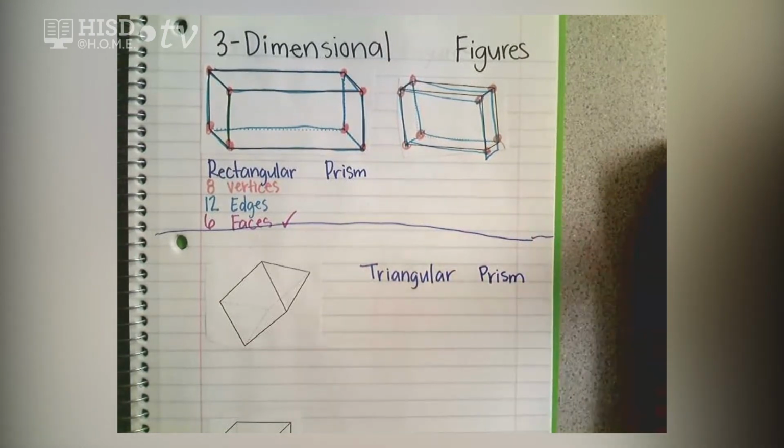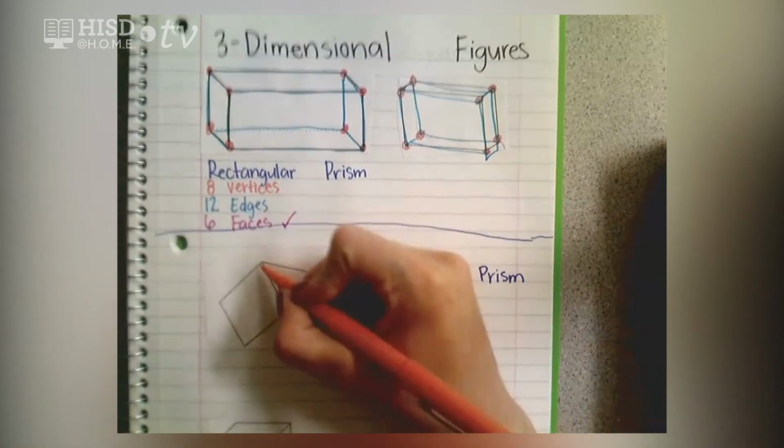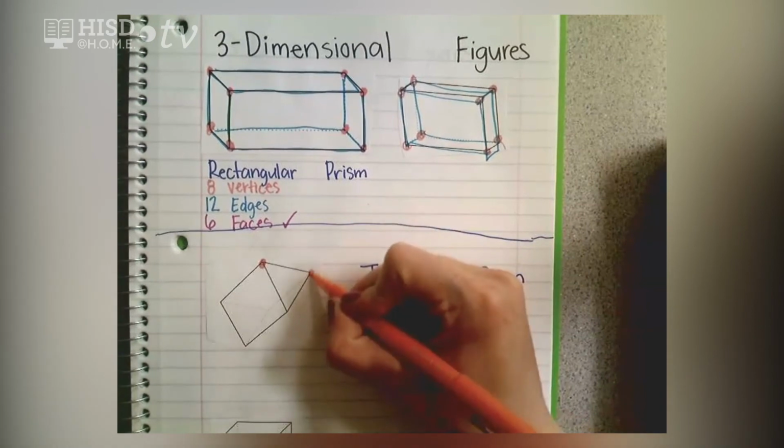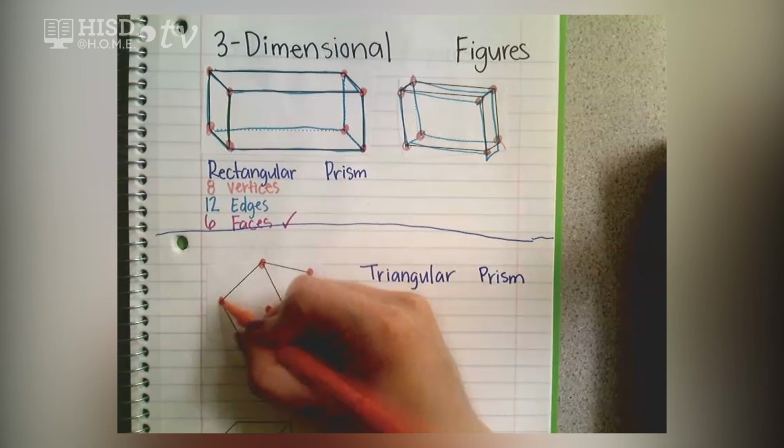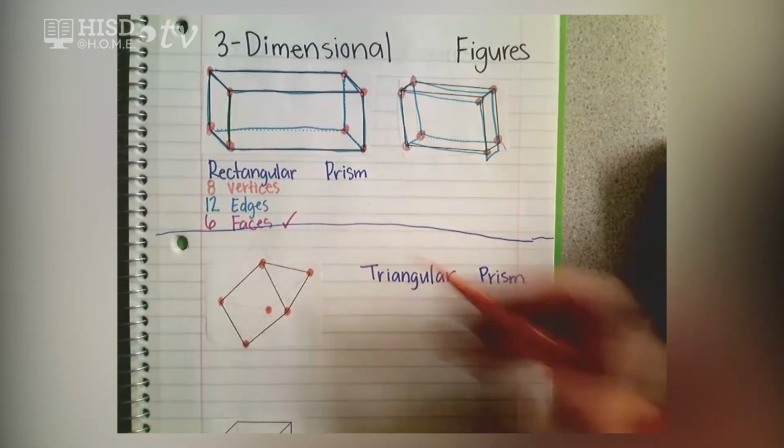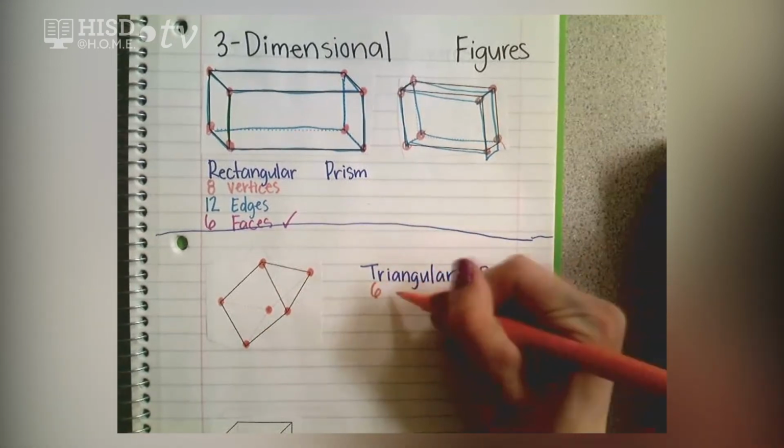Now let's count how many vertices and edges and faces we have. We have 1, 2, 3, 4, 5, 6. 6 vertices.